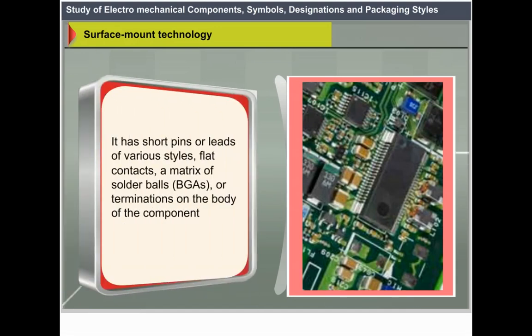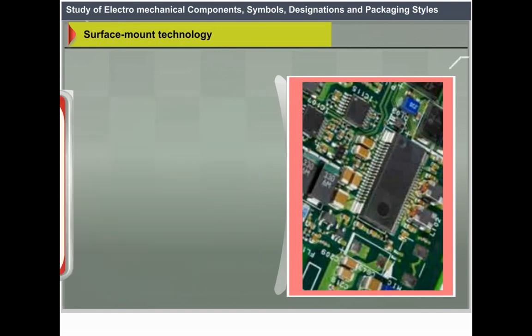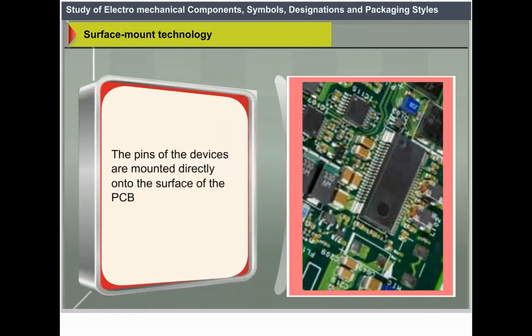It has short pins or leads of various styles, flat contacts, or a matrix of solder balls, BGAs, or terminations on the body of the component. The pins of the devices are mounted directly onto the surface of the PCB.